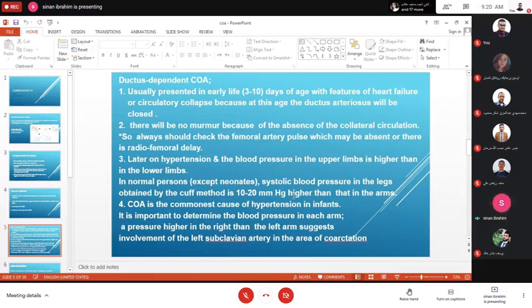So in the pediatric population or adolescents near 18, 20 years, you should dig and look for the exact cause of hypertension.